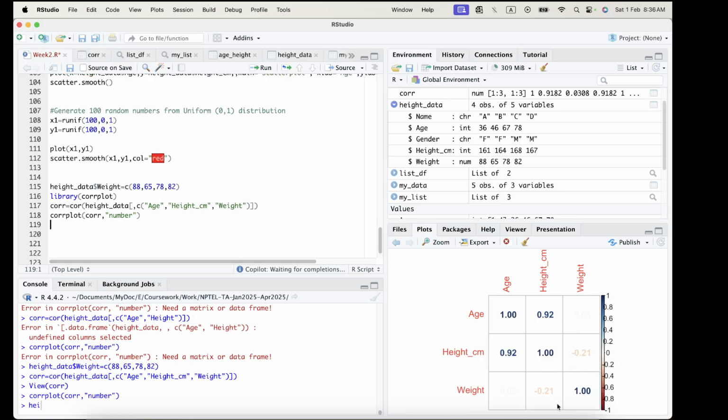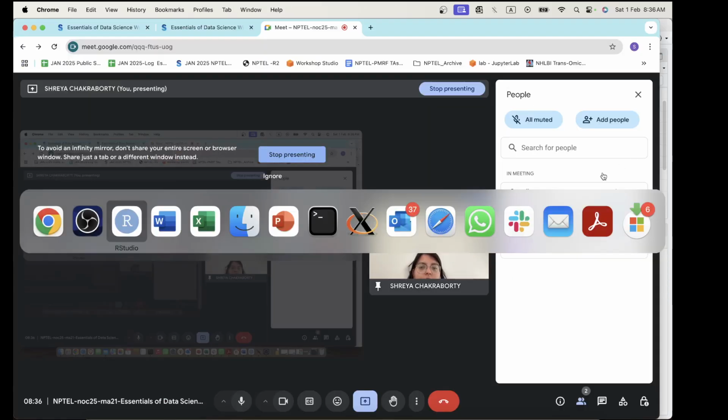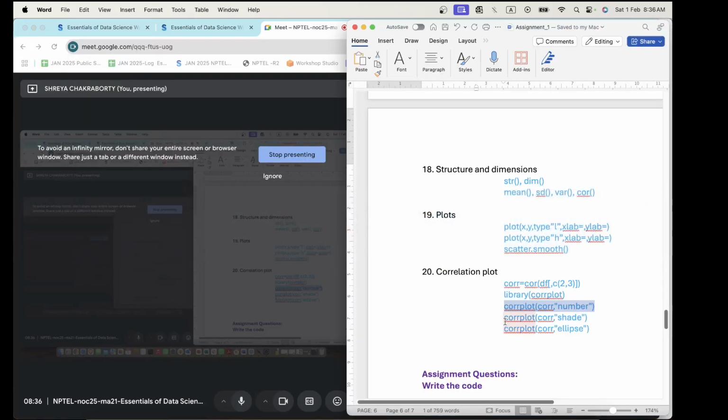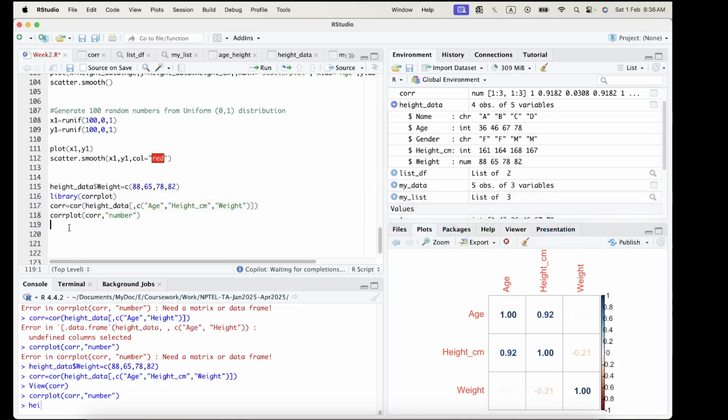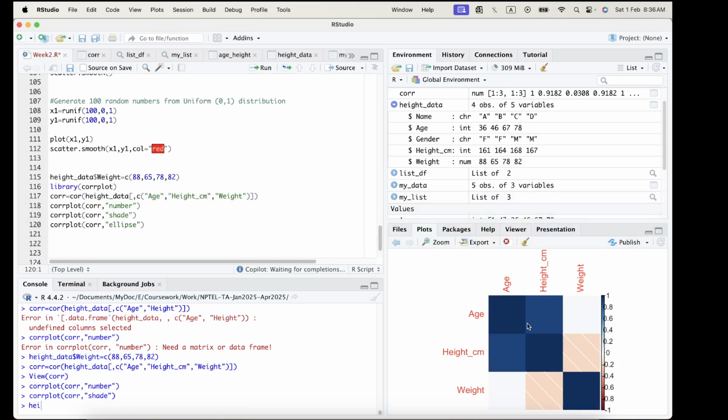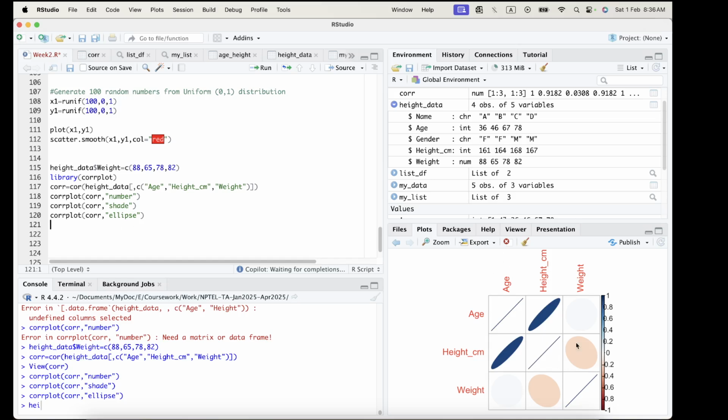and if I do a corrplot, then I'm going to get these numbers. Okay, if I give these corrplot dot shade, then it's not going to report the numbers, but the intensity of the color is going to show me whether I have weak correlation or a stronger correlation, and this is going to create ellipses.